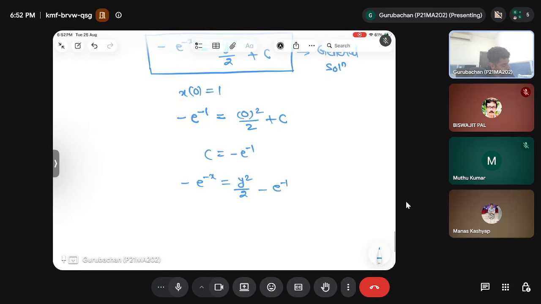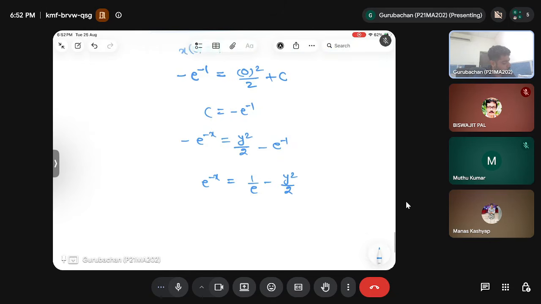If you solve this, e to the power minus x will be 1 by e minus y square by 2, and from here you will get (2 minus e y square) divided by 2e. Then your x will be ln of 2e divided by (2 minus e y square). I hope my calculations are correct.